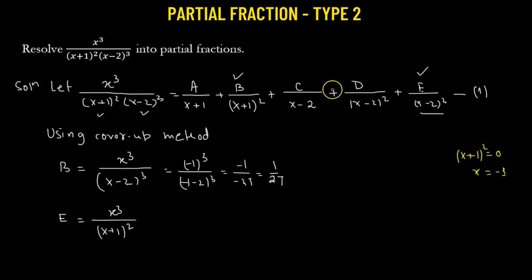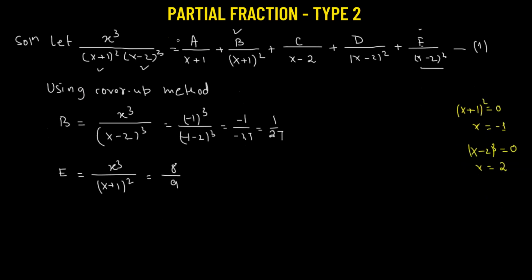We covered up (x - 2) whole cube, so if we equate it to 0, this gives us x equals 2. We substitute x with 2 into our expression. So we have 2 cubed, that's 8, divided by (2 + 1), that's 3 squared, which is 9. So our E value comes out to be 8 over 9. We'll set these two values aside.